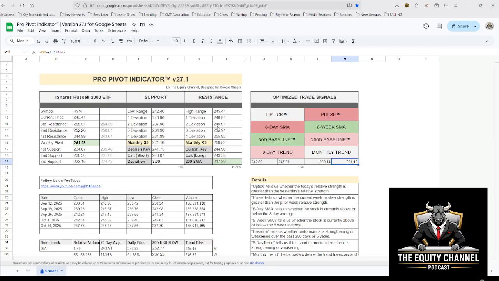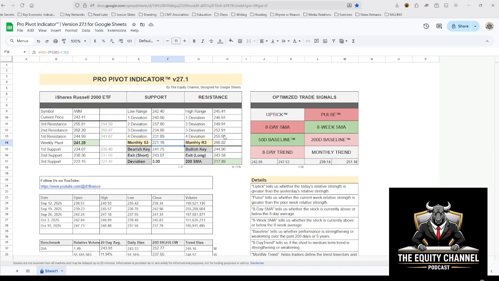Also at the same time, I can tell when the trend's getting hot because I have my standard deviations, and I have my monthly extreme levels. So if I'm a trend follower, I can tell where trends are just beginning, where trends are breaking structure, and where they're getting overheated.